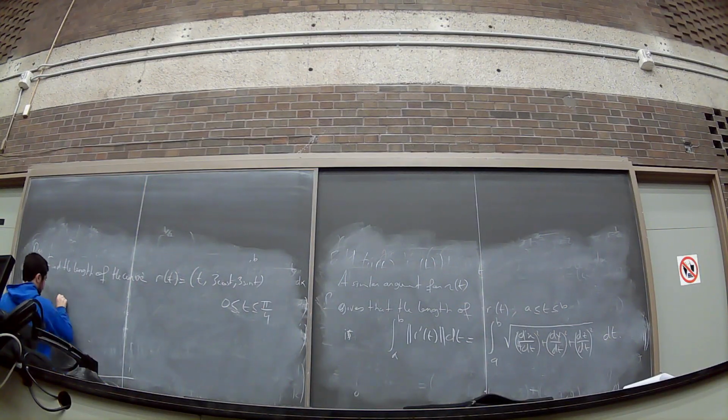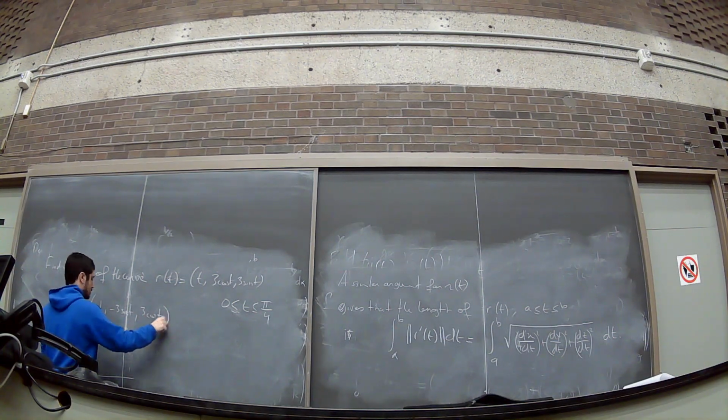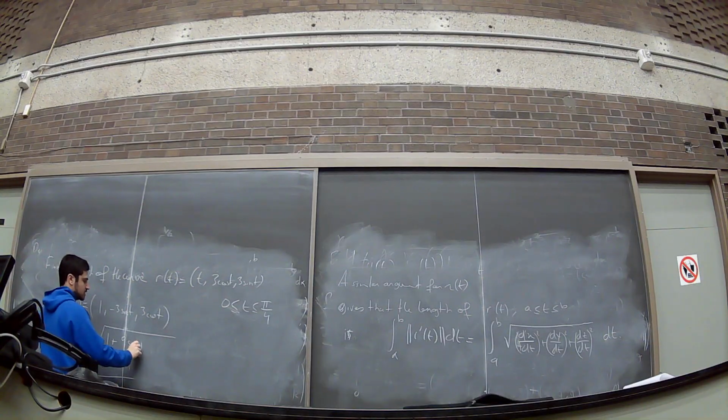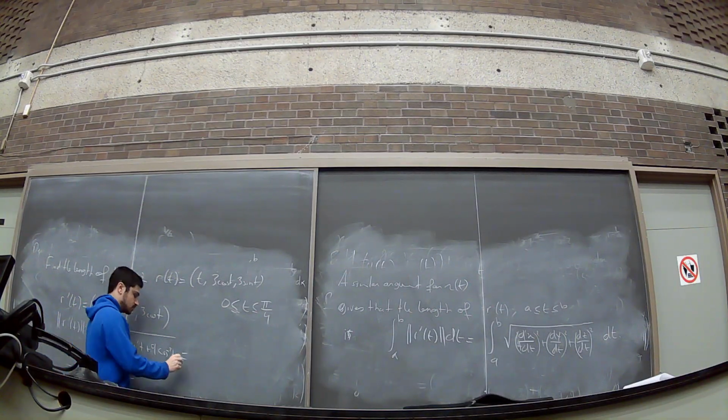What do I have to do? I take r prime of t. Can you help me? r prime of t is minus sin t, cos t, 3. What is the norm of r prime of t? This is the square root of sin squared t plus cos squared t plus 9, which is just the square root of 10.